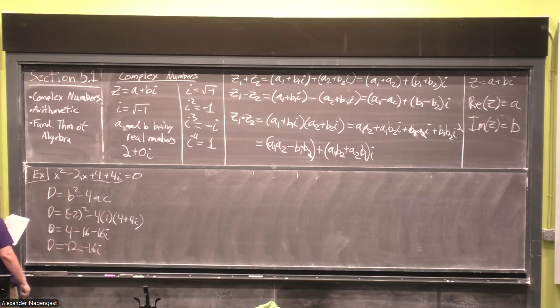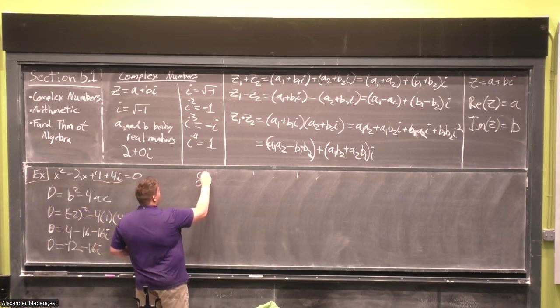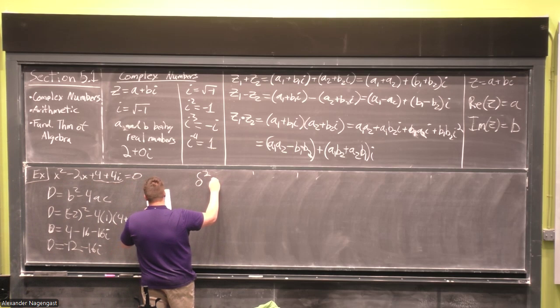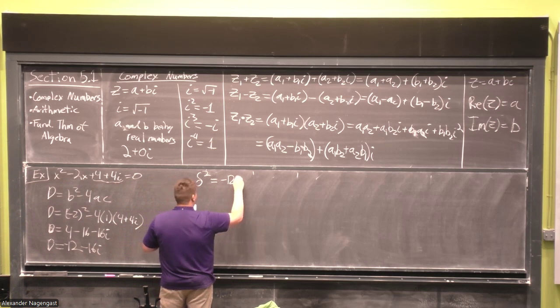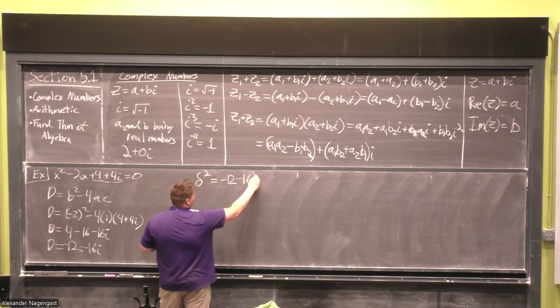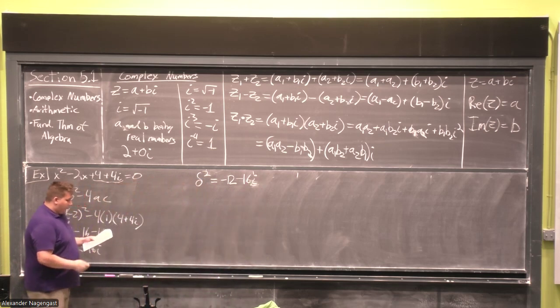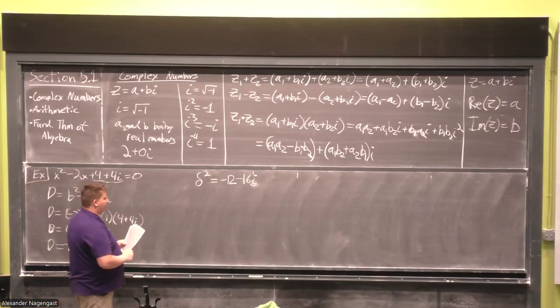And what we want to do is find what value we get that makes this squared. So we're going to have delta squared, and we're going to set this equal to -12 minus 16i. We want to find such a number where delta is a complex number.